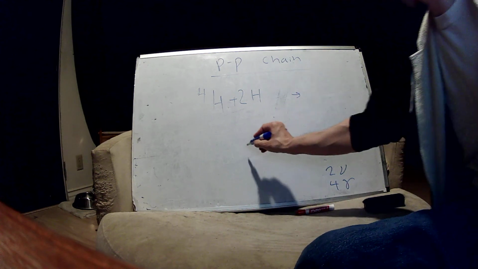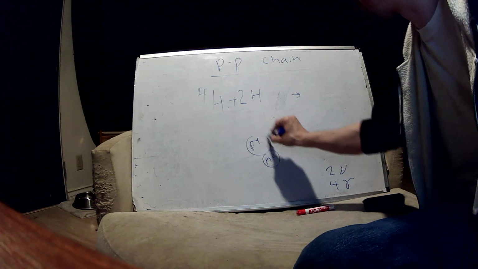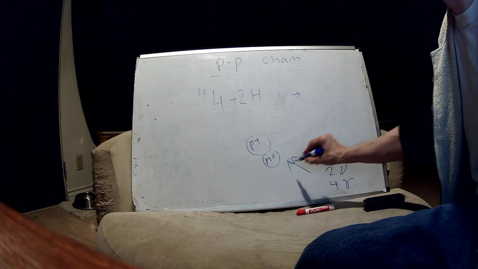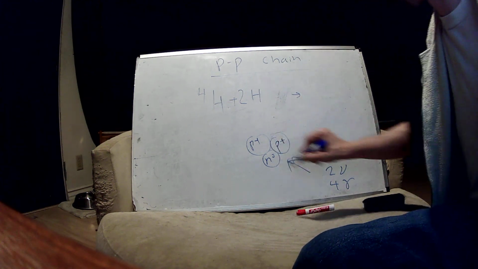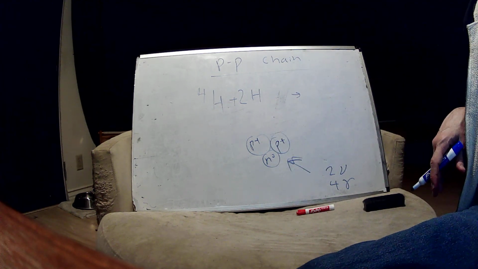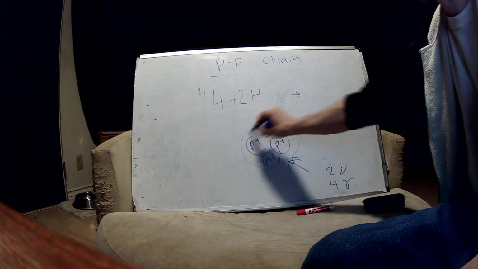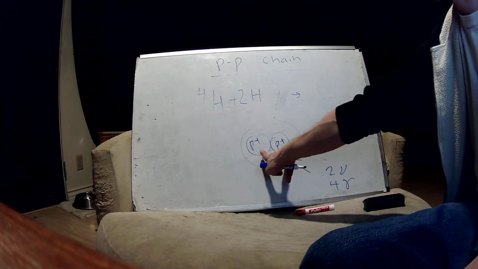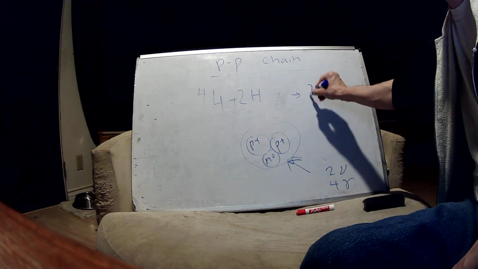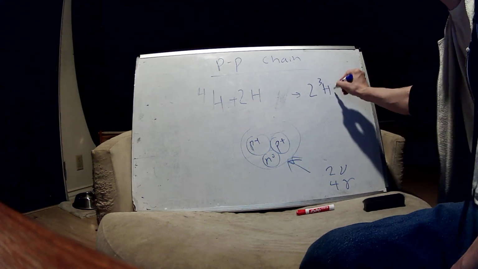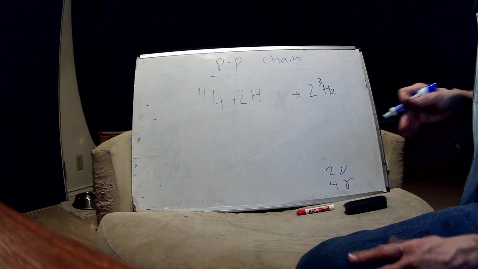Well, when you take your heavy hydrogen, you've got a proton and a neutron, and you smash a 3rd hydrogen in there, your 3rd proton essentially, because hydrogen atoms are just 1 proton, 1 electron. You smash another one in there, and essentially you end up with this. This has 2 protons in it. That's a helium, right? But it only has 1 neutron in it, so you end up with 2 helium-3s. Right? Okay.